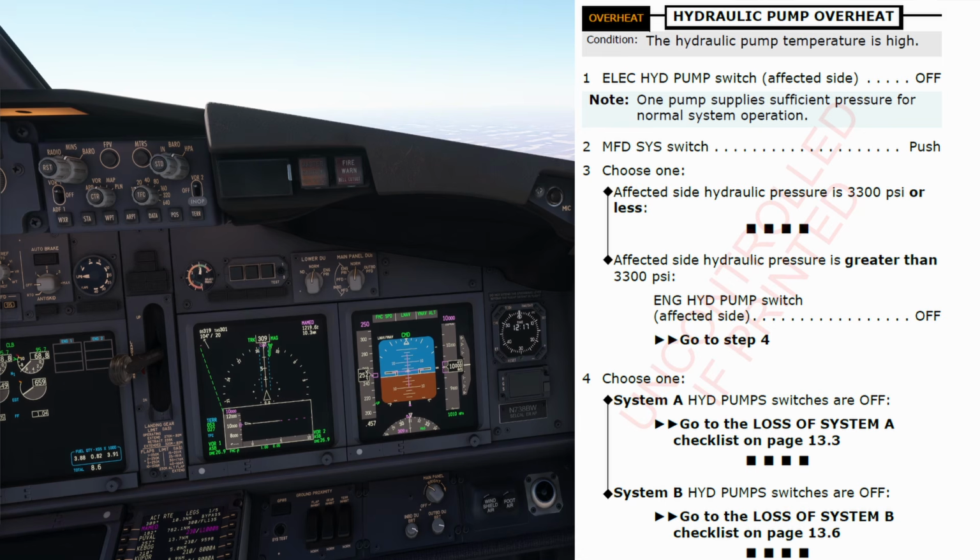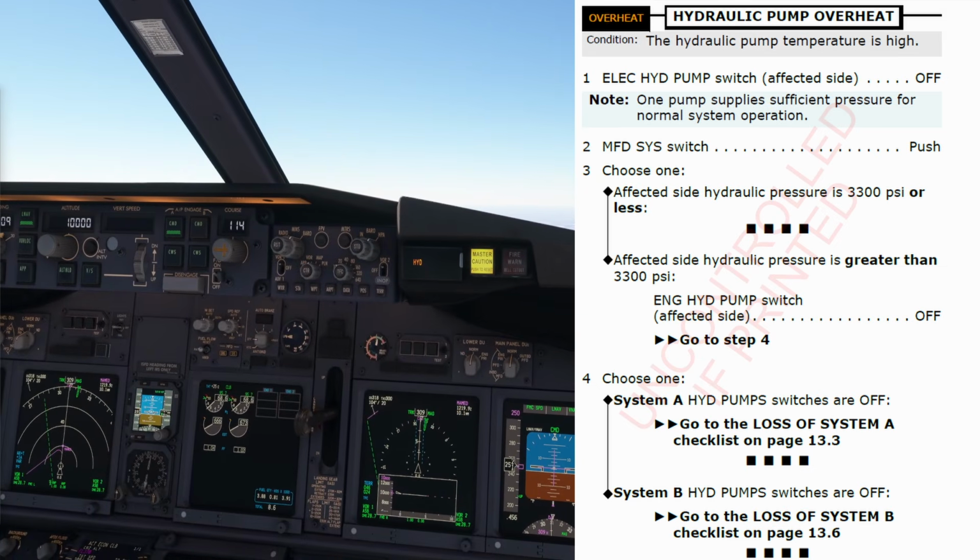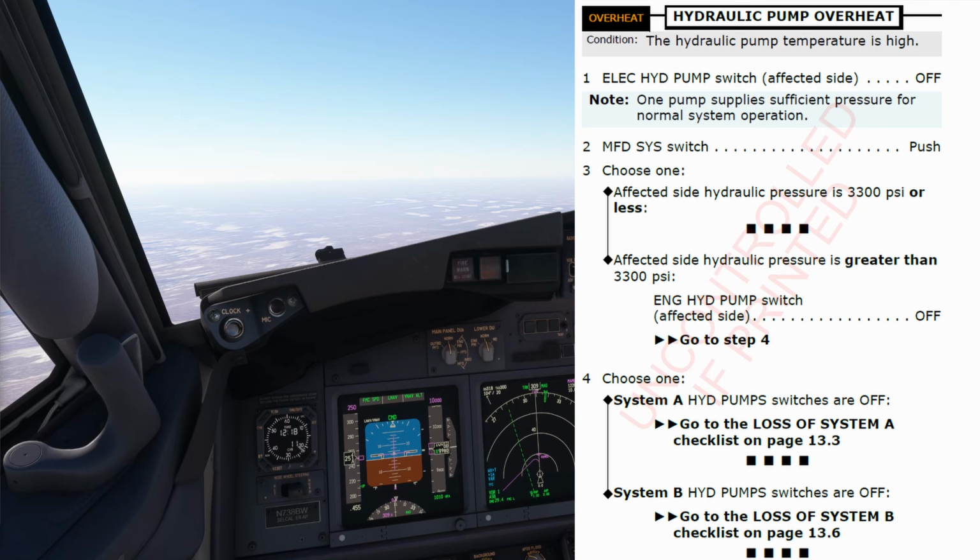Hydraulic pump overheat checklist. Condition: the hydraulic pump temperature is high. Electric hydraulic pump switch, affected side. Off. Off. Checked. Low pressure. Hydraulic. I'm resetting the master caution again. Roger. Note: one pump supplies sufficient pressure for normal system operation. Okay.